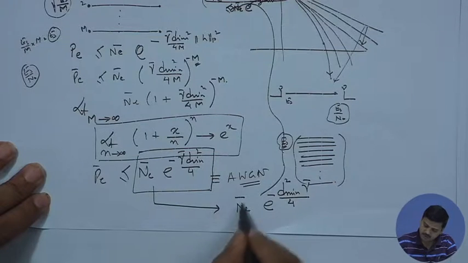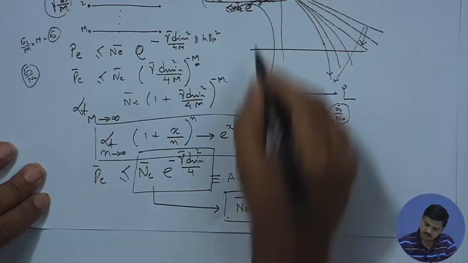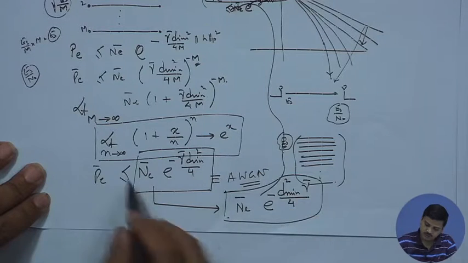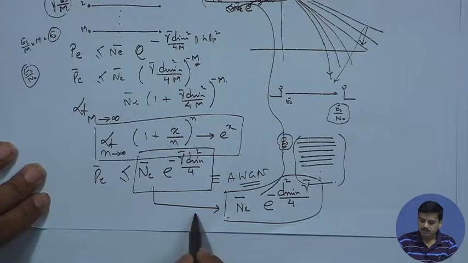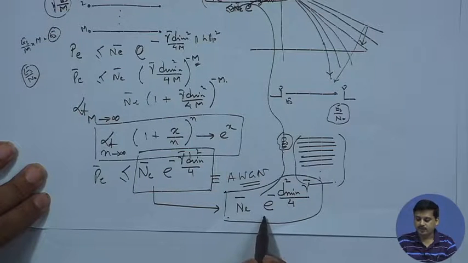So this is the same expression as this one. So what we have said is, as the diversity order increases without array gain, that means we don't require array gain, we would still meet the performance of an AWGN system.